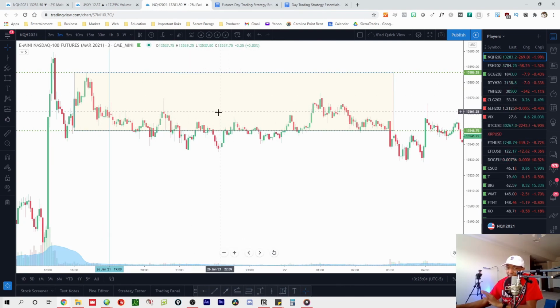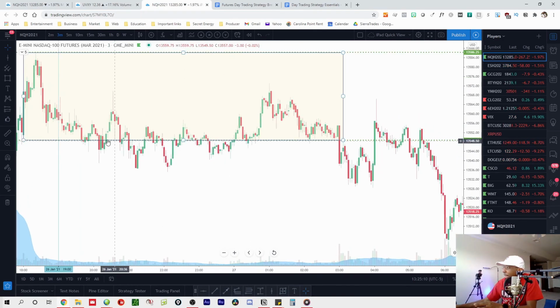Within the power range, it's a neutral zone, right? Once we break either the high or the low, it can help give us an idea of which direction the market, or whatever you're trading, is likely to continue trading, right?